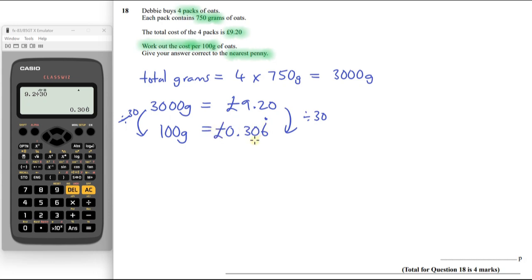If we were to give this to the nearest penny, to convert from pounds to pennies, I need to times by 100. There are 100 pennies in a pound. So that is going to be 30.6 recurring, so 6666 pence. Now we need to give our answer to the nearest penny, so we're going to round this up to 31 pence. So that's going to be my answer, 31 pence.